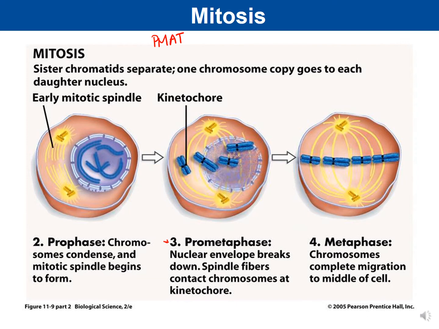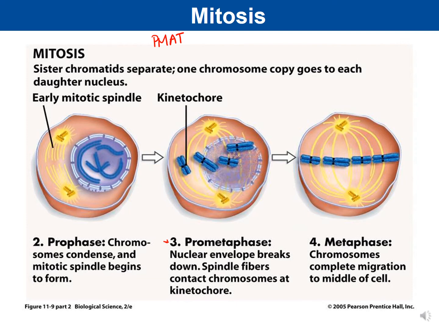So what happens during prophase? Remember that I said in interphase, the DNA is loosely compacted, right? It's not packed in tightly. So in prophase, this is where chromosomes condense. They're going to start to pack in tightly, and they're going to make that characteristic X-looking shape that we're used to seeing. Another important thing that happens in prophase is that the mitotic spindle begins to form.